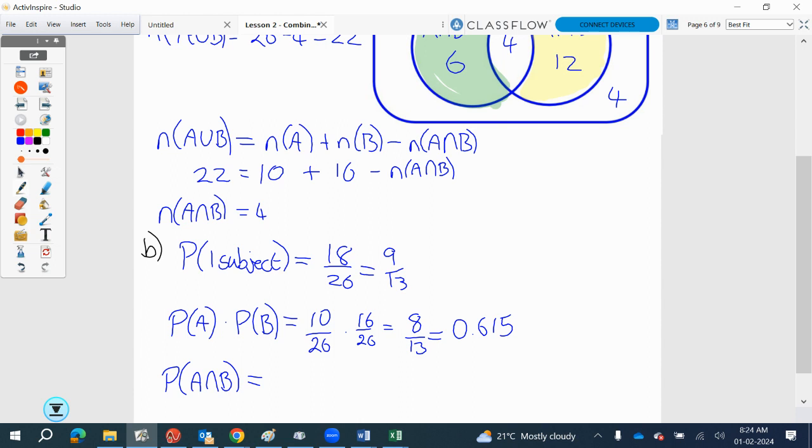Go. 10 over 26 times 16 over 26. What did you get as your 3 significant figures? 0.237. Good.